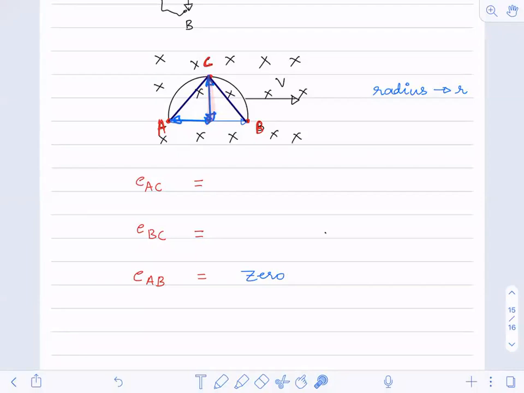Very good. Deepika, Sanjeet, Nagaraju, Gautam, BVR. Just see here, this is also a radius. Yes or no? So what you have to write is BVR. And BC also will similarly become BVR.